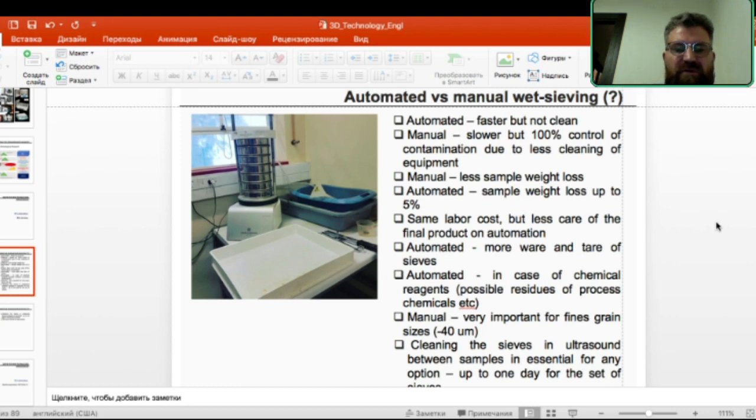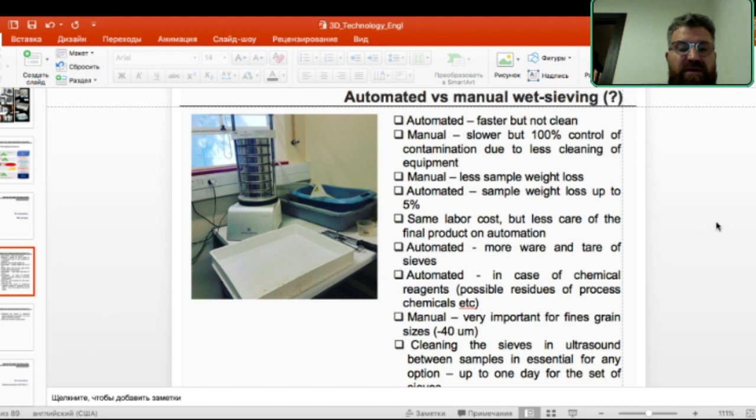So then, what else is automated for? Why is it used? Usually, it's used whenever there are chemical reagents, leftovers of processed chemicals that were used in previous stages of processing, say processed products after cyanidation, processed products after flotation. These kinds of chemicals can, first of all, leach the sample.